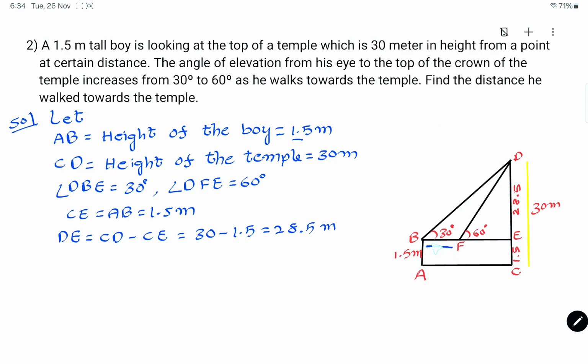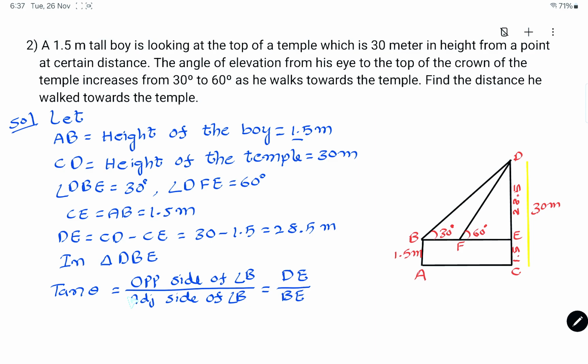For that we first take triangle DBE. Here we have the opposite side for the angle 30 degrees, and we need to find the adjacent side. So we will use the tan ratio. Tan theta is equal to opposite side by adjacent side. Tan theta is the opposite side of angle B by the adjacent side of angle B, which is DE by BE. Here theta is 30 degrees. Tan 30 is equal to, here DE is 28.5 meters.